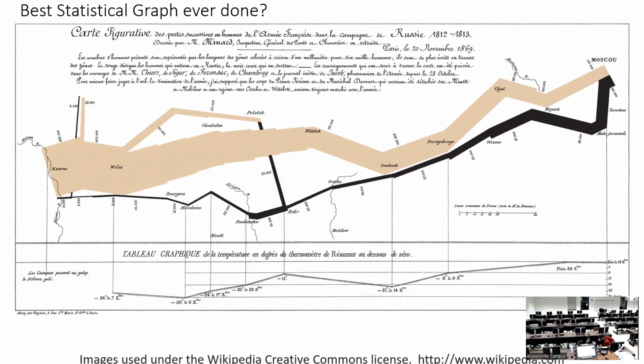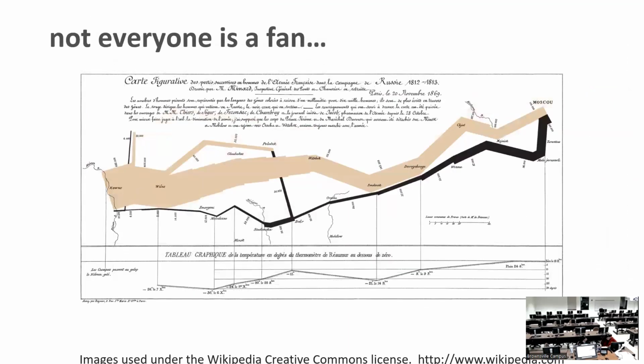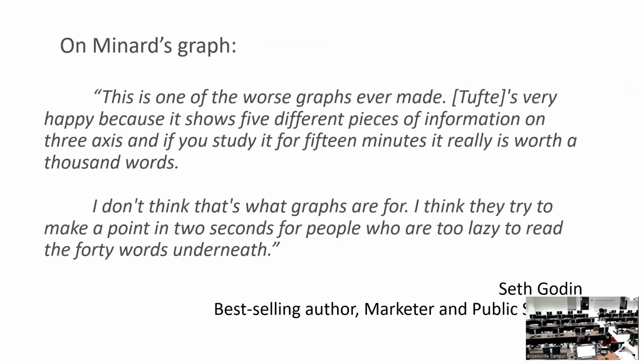So let's look at one critique about this graph, and let's see what he said about it. So this is what he said. This guy is a marketer. He said this is one of the worst graphs ever made, right? He said, Tufte is very happy because it shows 5 different pieces of information on 3 axes.